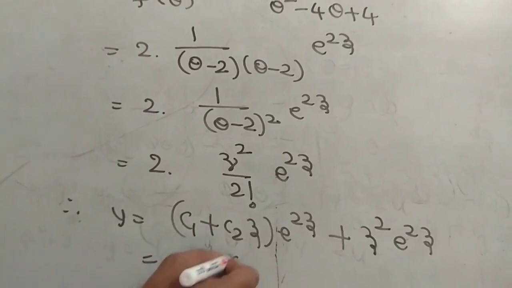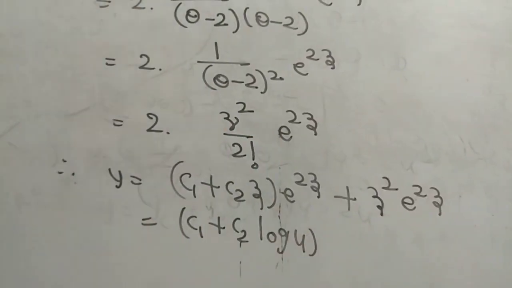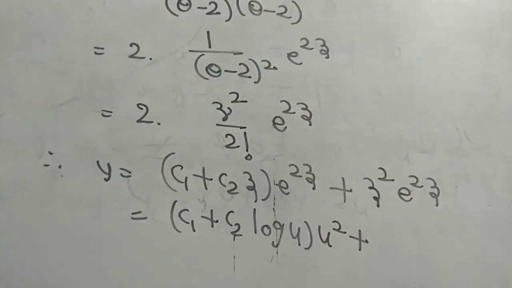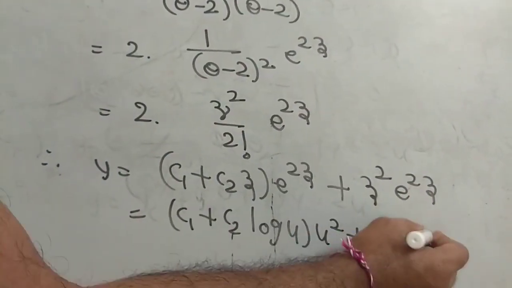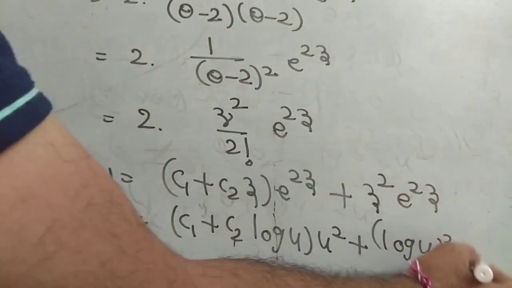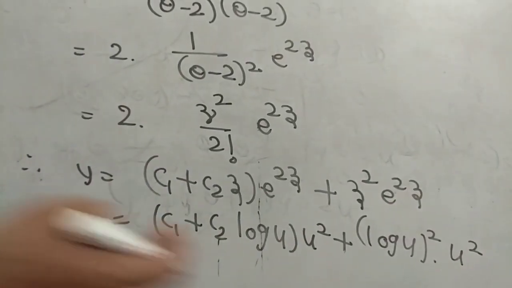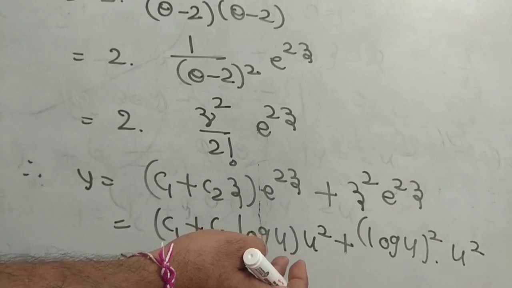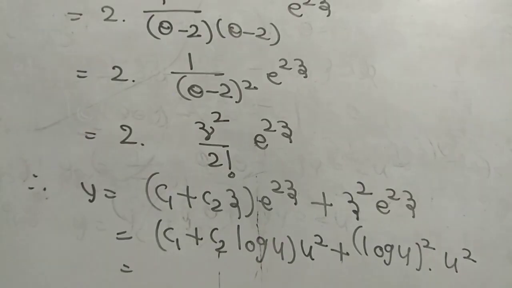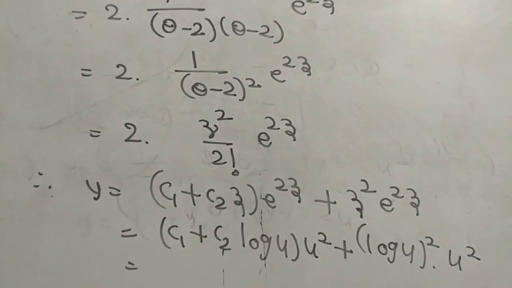So C1 plus C2 into log u, and e power 2z can be taken as u square, plus z square is nothing but logarithm of u whole square, and e power 2z is u square. But actually, what is the meaning of u? When we started your problem, u stands for 1 plus 2x. That u value you substitute here, and you will get it in terms of the x variable. That is the final solution of your given Legendre differential equation.